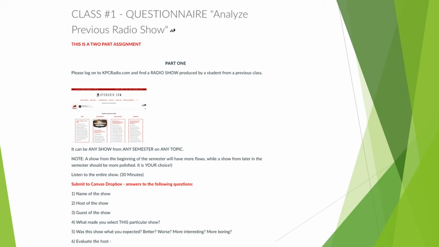This will help you better understand how these shows are supposed to sound, and it'll help you come up with a topic, a title, and a brief description for your own show. That brief description is known as the tag. There are 2 parts to this assignment, so be sure to complete both parts and submit your completed questionnaire into the Dropbox at the bottom of this module.